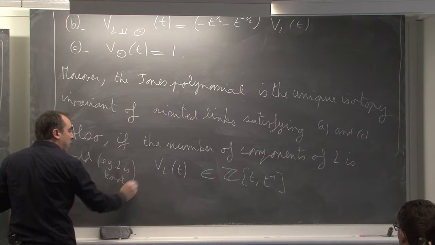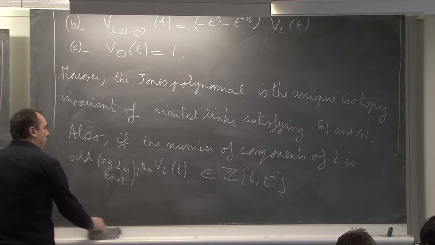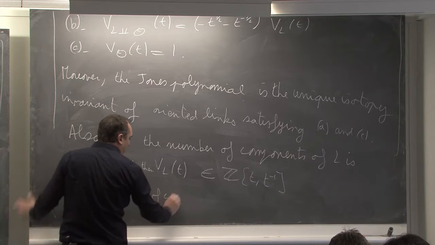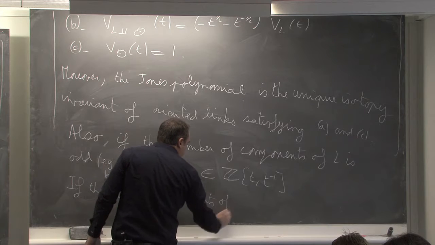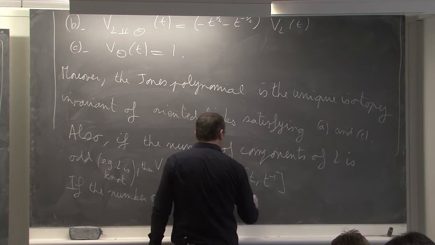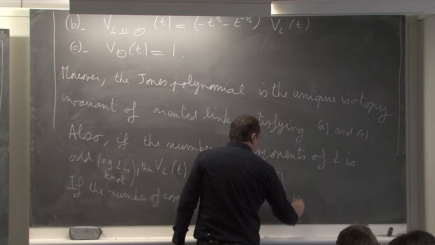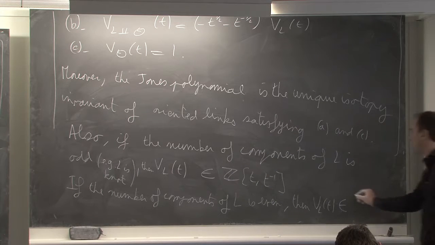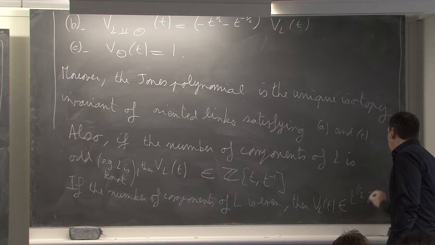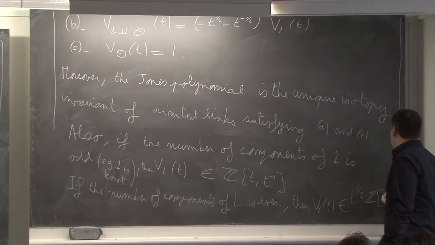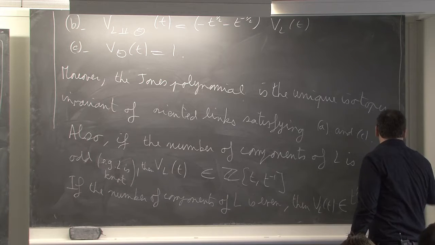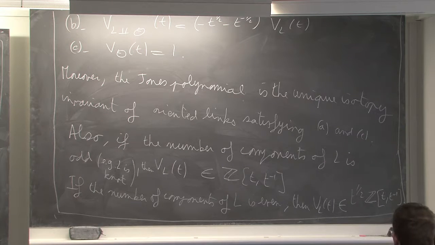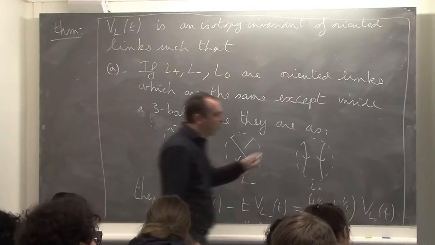They have one component. And if the number of components of L is even, then the Jones polynomial is actually T^(1/2) times a Laurent polynomial in T. And that's why we denote it by VL of T instead of VL of T^(1/2).